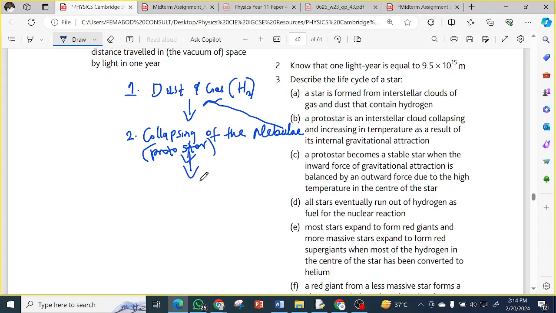Then from protostar, you have a stable star. So dust and gas, that's nebula, protostar, stable star. And a stable star is formed, as we have mentioned, by inward force balancing outward force due to high temperature.